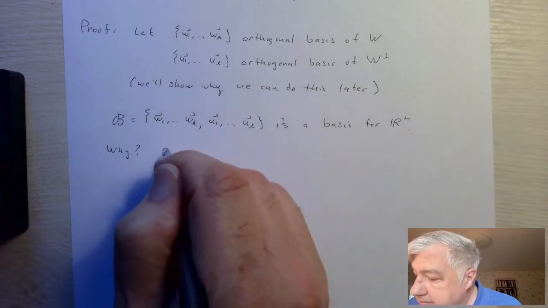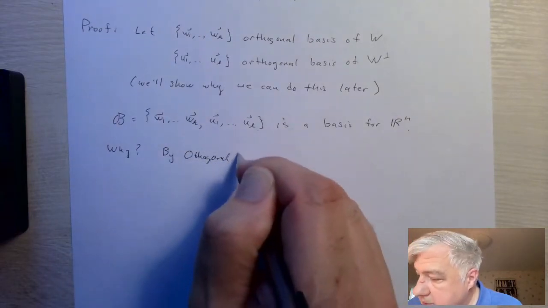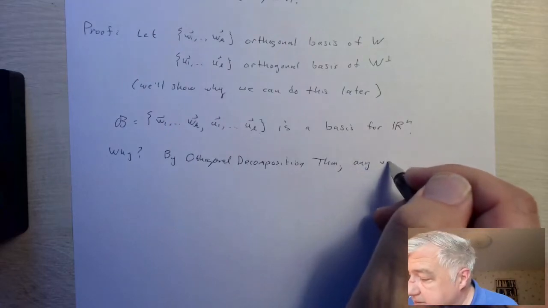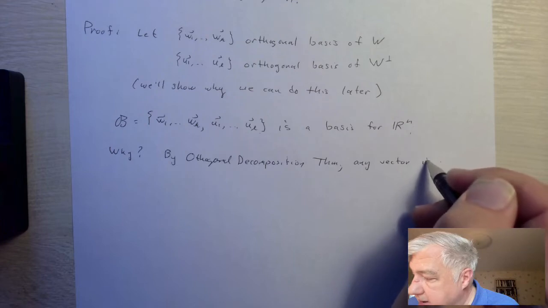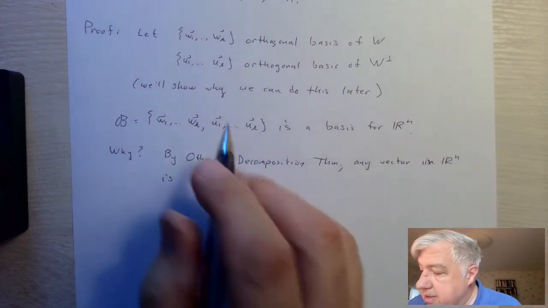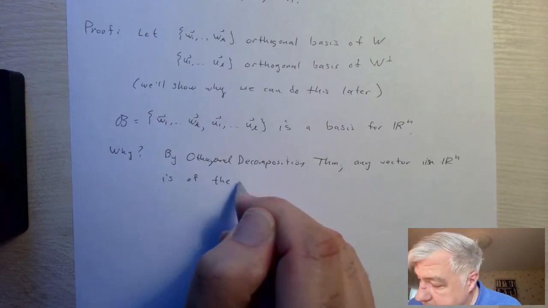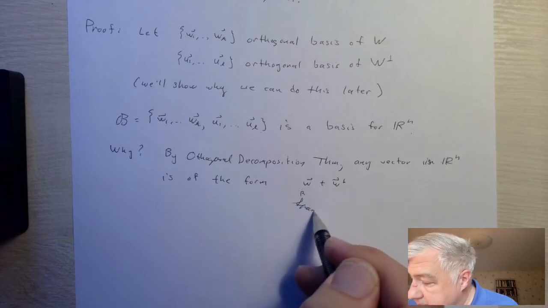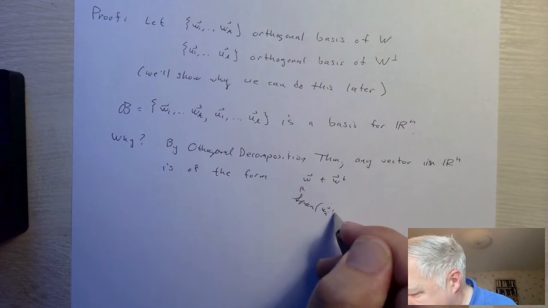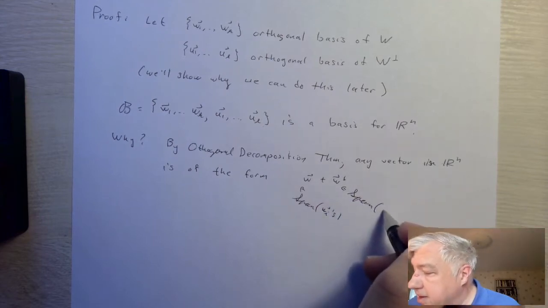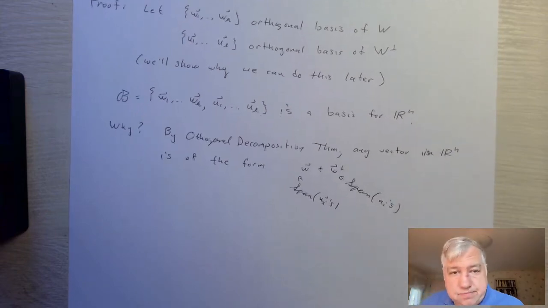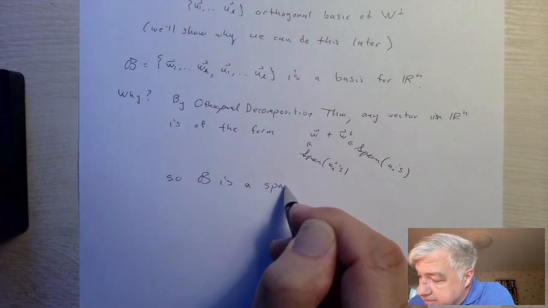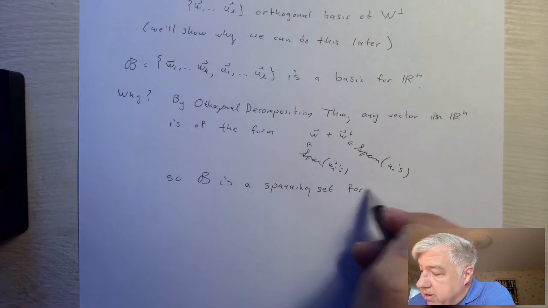So by the orthogonal decomposition theorem, any vector in Rn is of the form w plus w perp, where the first part is in the span of the wi's, and the second is in the span of the ui's. Thus B is a spanning set for Rn.